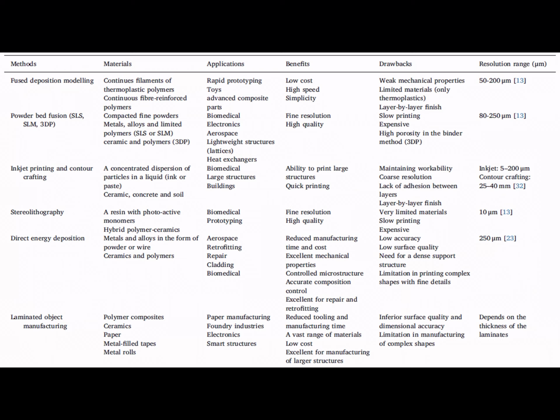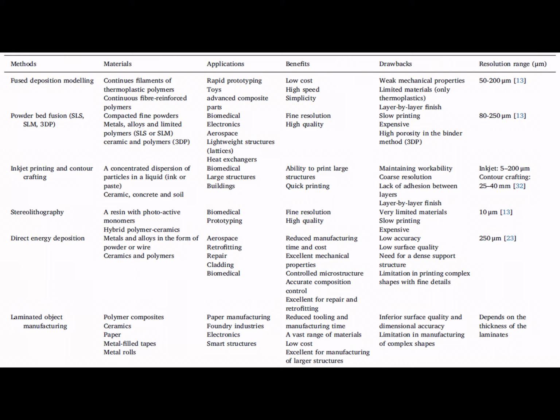For example, comparing all these resolution ranges, you can see stereolithography actually has the best resolution, while the fused deposition process might have a higher range. And the same with application: you can see what applications can be used for different processes.